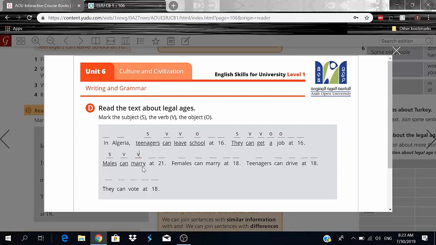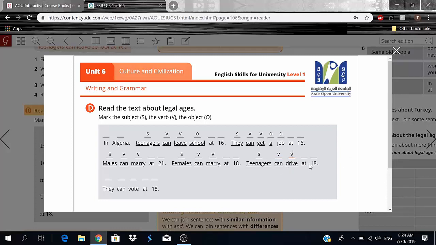Right? And here we have females can marry at 18. So females will be the subject. Can marry will be the verb. And that's it. Okay, so no object here as well. Teenagers can drive at 18. So teenagers will be the subject. Can drive will be the verb. Oh, and at 18, this is also a sentence that doesn't have an object.